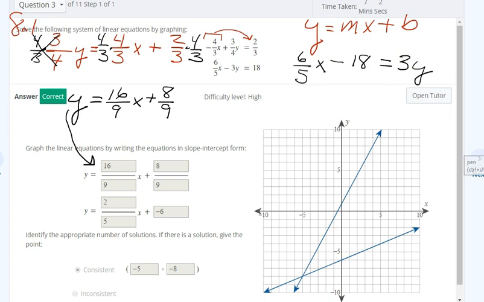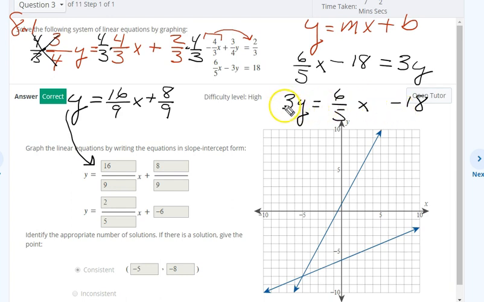Now, just to help out a little bit, we are used to seeing the 3y on this side, and then 6/5 x minus 18. I'm just writing it in a way that's more familiar. So now it's in this form. So, changing back to red, I want to get rid of these fractions.